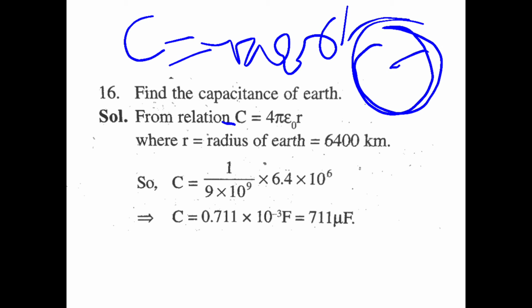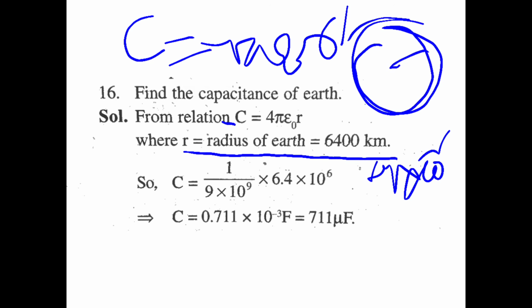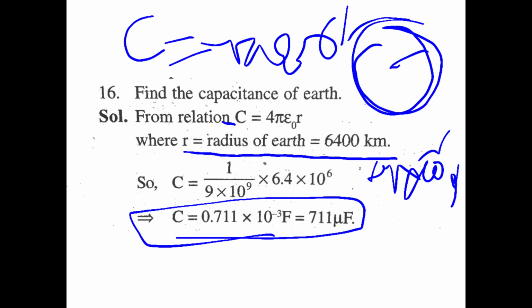Here r is the radius of the earth, that is 6400 kilometer, that is 6.4 into 10 to the 6 meter. I'm getting this answer for the capacitance.